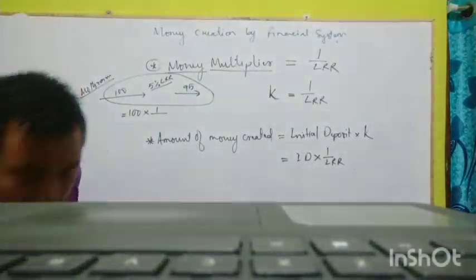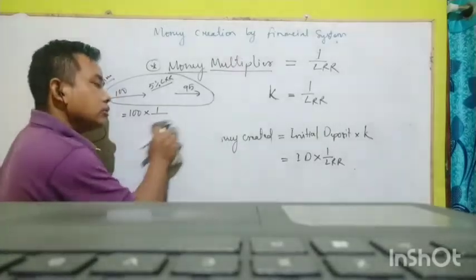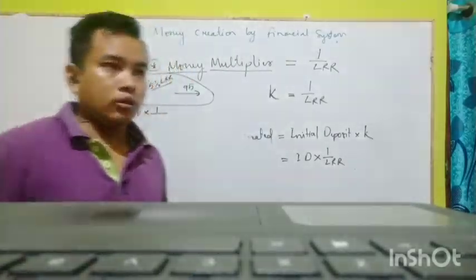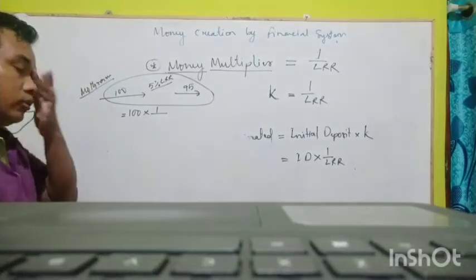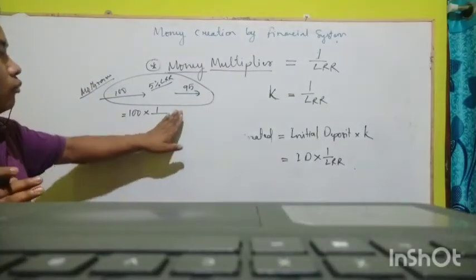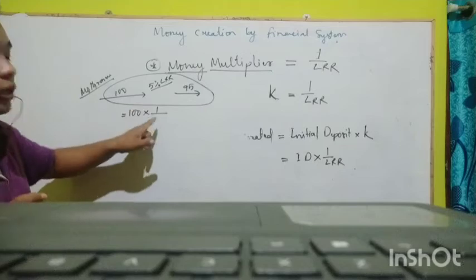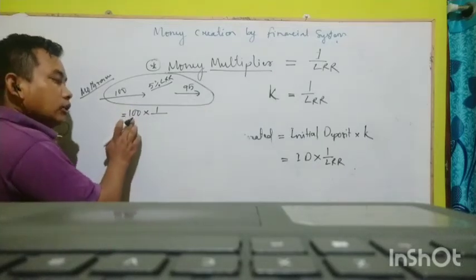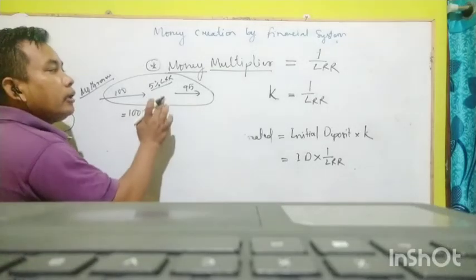Today I should point this out. In the examination, when we checked the class 11 and 12 question papers, most of the students got it wrong in this part. Look very carefully. Initial deposit is rupees 100, 1 by LRR.